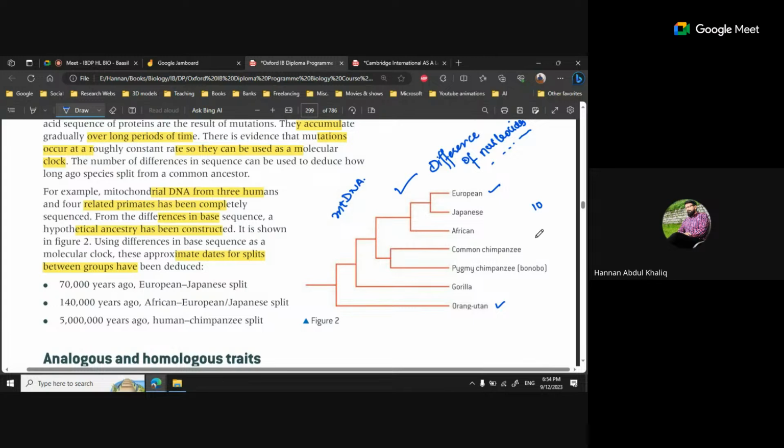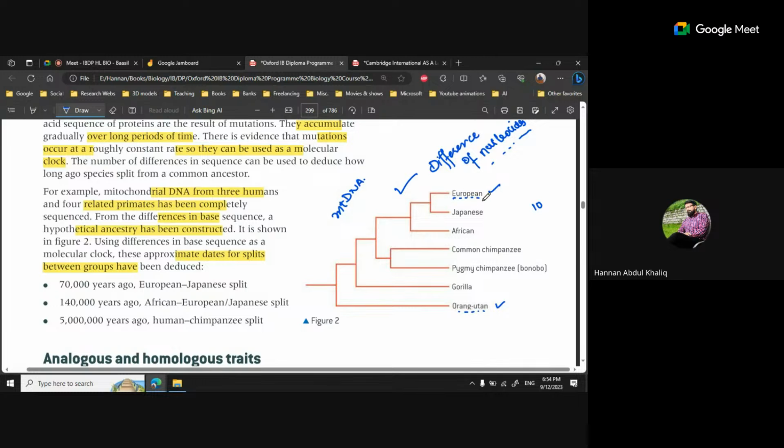The more difference of nucleotides you find in the mitochondrial DNA, the farther the ancestral distance.